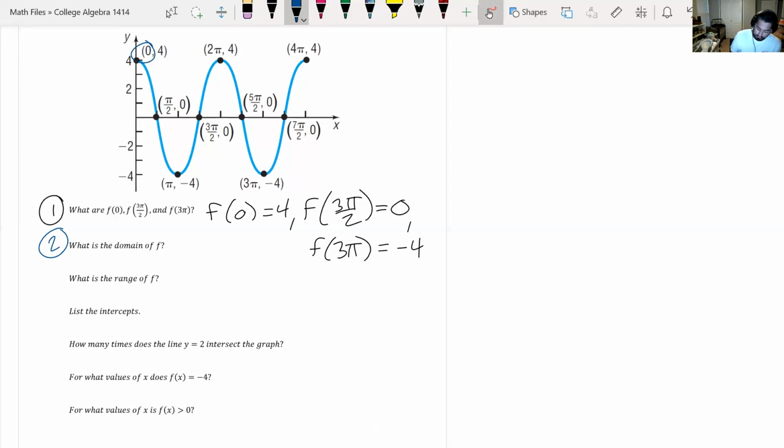So we say bracket 0. And where do they end? Come down the number line, and it looks like we end at 4 pi. So 0 to 4 pi.